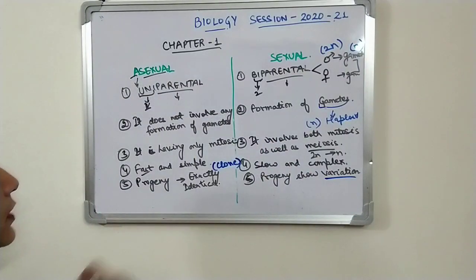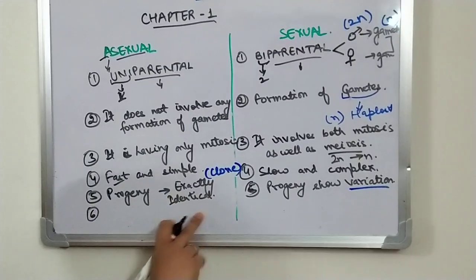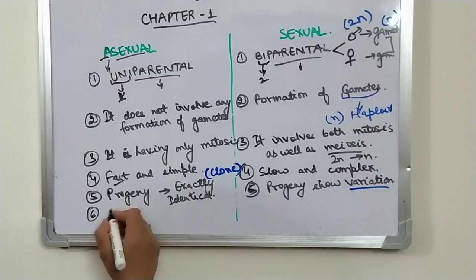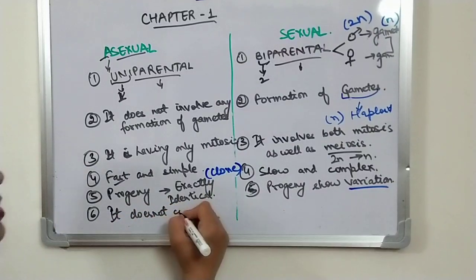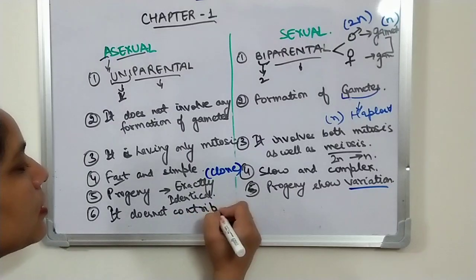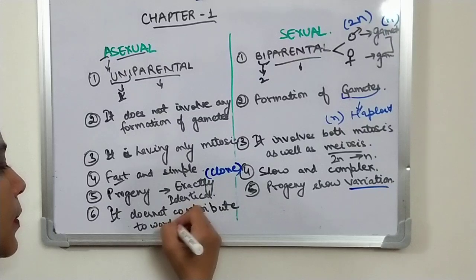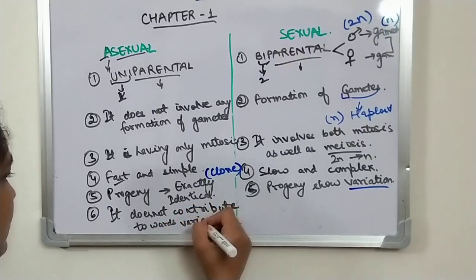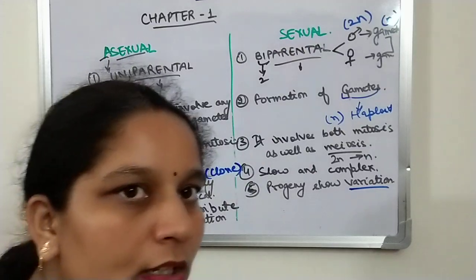Now the next difference is that asexual offspring are exactly identical, so there will be no variation. It does not contribute towards variation. And if there is no variation, the evolution process cannot occur.